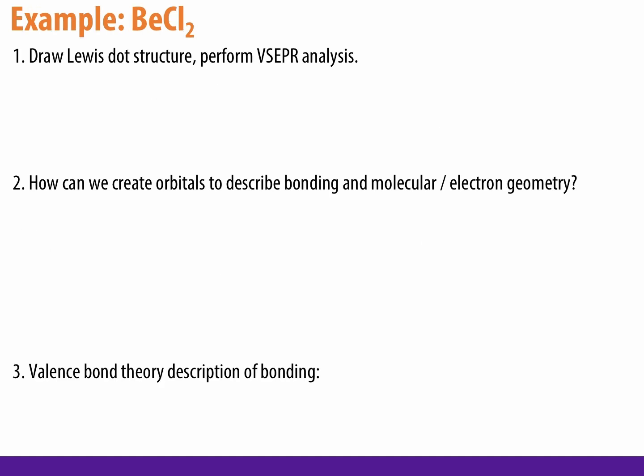Okay, so now let's do our first valence bond theory application. So here's BeCl2. Each time we do valence bond theory, we always start from the Lewis structure. It builds directly on that. For BeCl2, beryllium's our central atom. The two chlorines go on the outsides. First, we start with that skeleton structure.